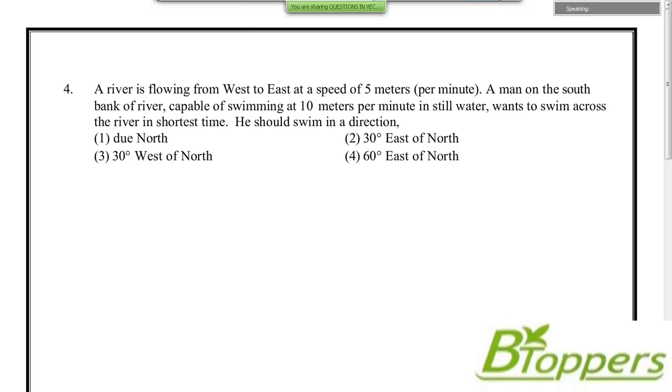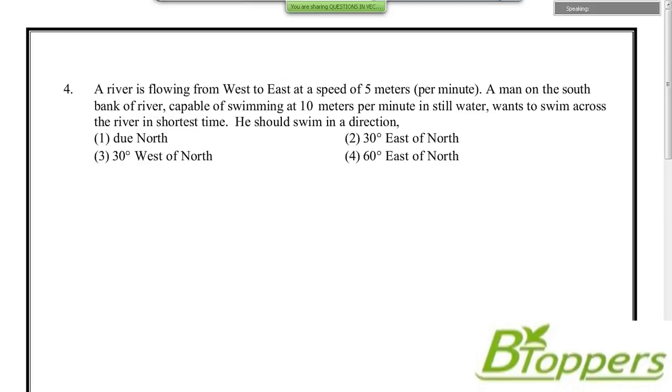A man on the south bank of the river, capable of swimming at 10 meters per minute in still water, wants to swim across the river in shortest time. He should swim in a direction.